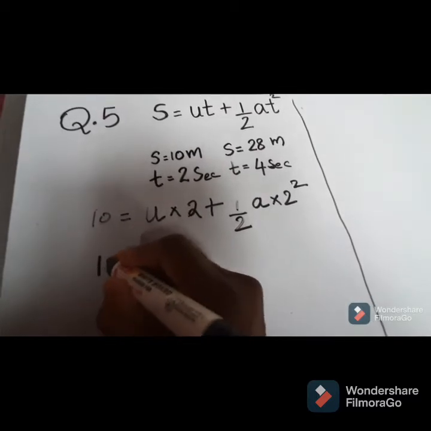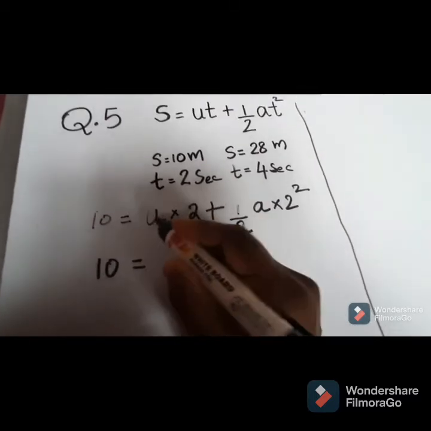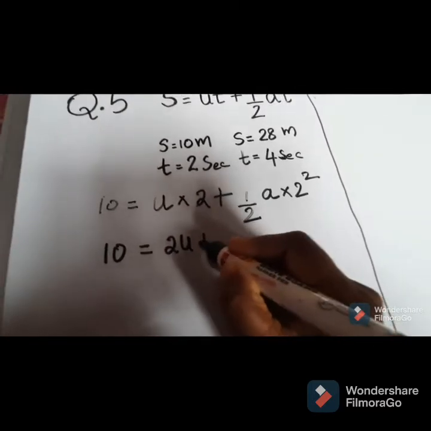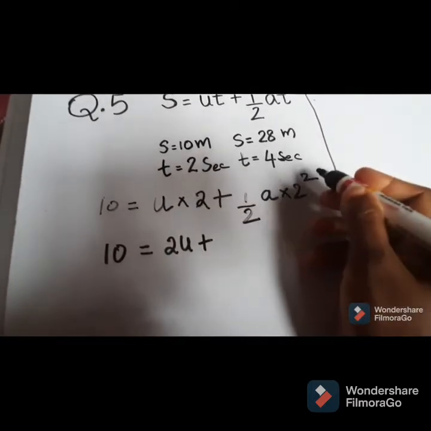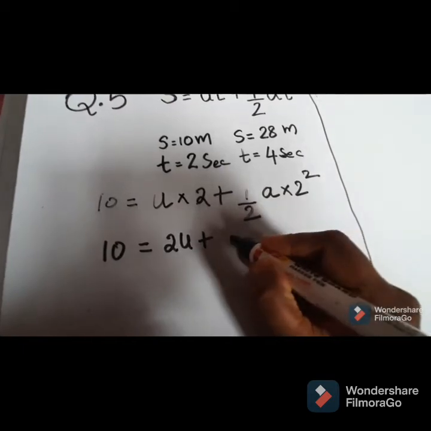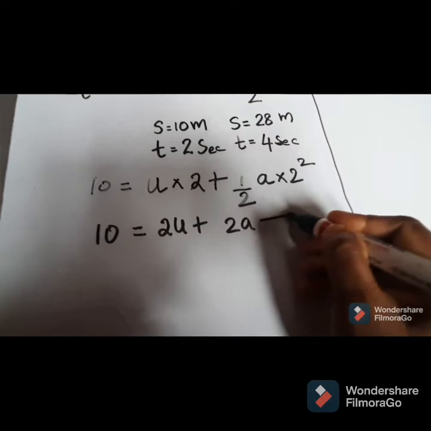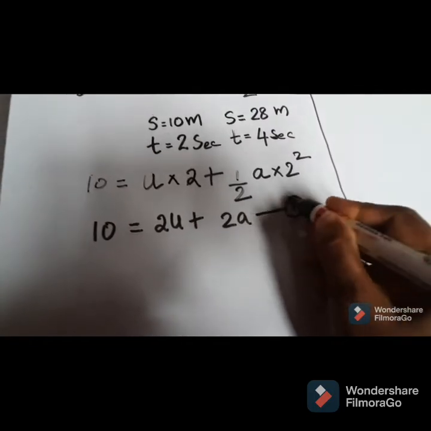Now we can write 10 equal to 2u plus, we can cancel this 1 2 here, so we will get 2a. This we can put as equation 1.